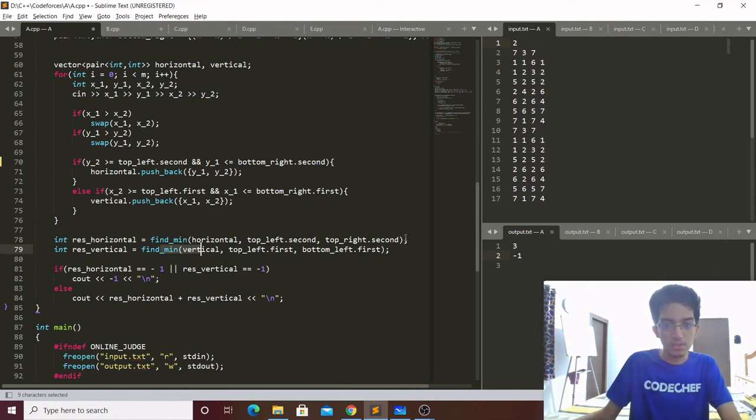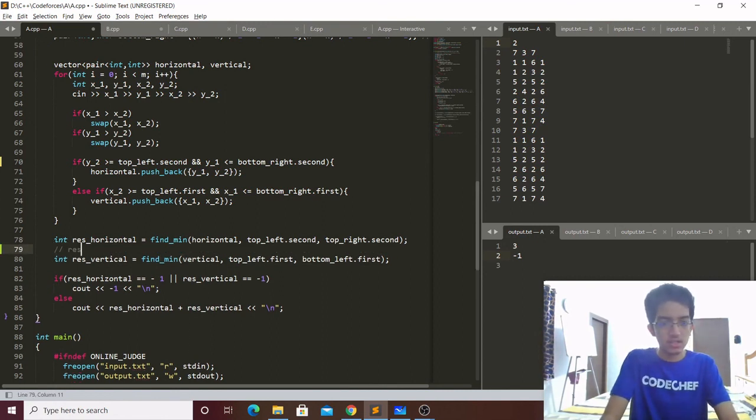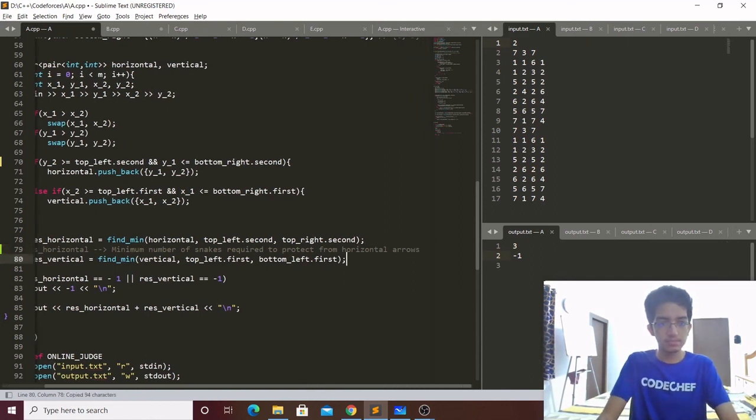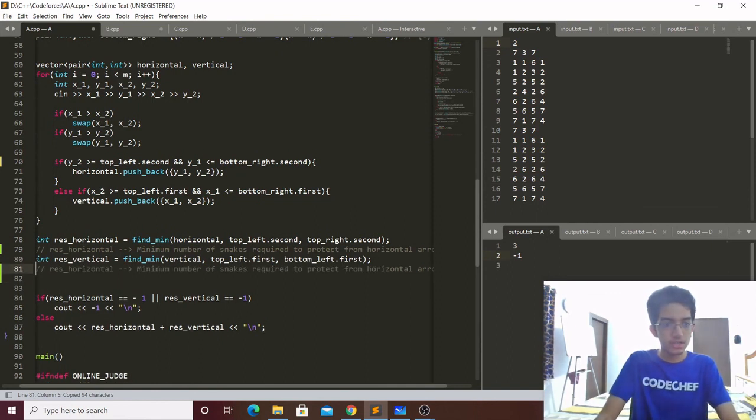Okay, so res horizontal basically stores the minimum number of snakes required to protect from horizontal arrows, and similarly res vertical is the minimum number of snakes required to protect from vertical arrows.